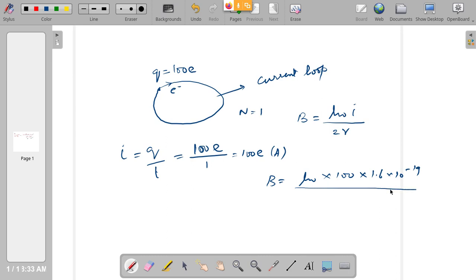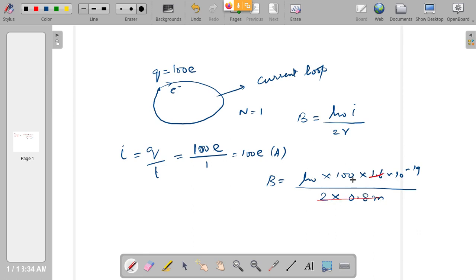Multiplying with mu naught divided by 2 into the radius of the path, which is given as 0.8 meters. So directly we can substitute 0.8 meters. See, nicely it's cancelling, because 2 into 0.8 is 1.6.